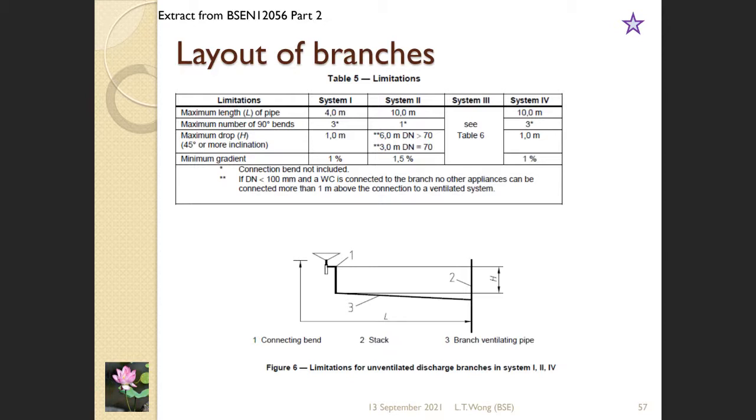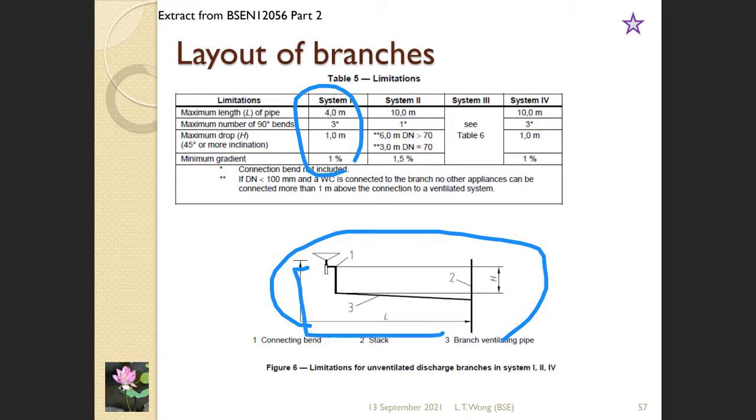For the branch layout, apart from the previous design guide, it will list, say for System 1, that the arrangement is like that, but the dimensions will be different. Say the maximum length, calculated from here to here, for System 1 will be 4 meters, but System 2 will be 10 meters, System 4 will be 10 meters, things like that. But the gradient will be different.